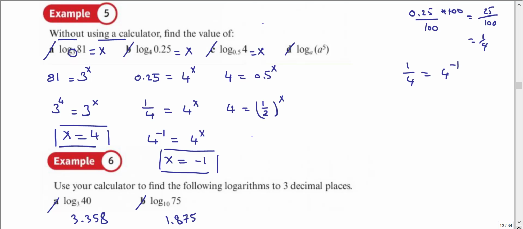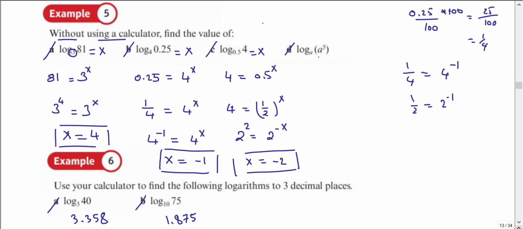Half could be written as 2 power minus 1, right? So we can write this as 2 power minus x, and 4 we can write as 2 power 2. So x will be what? Minus 2. Yes, because minus x equal 2 means x equal minus 2.